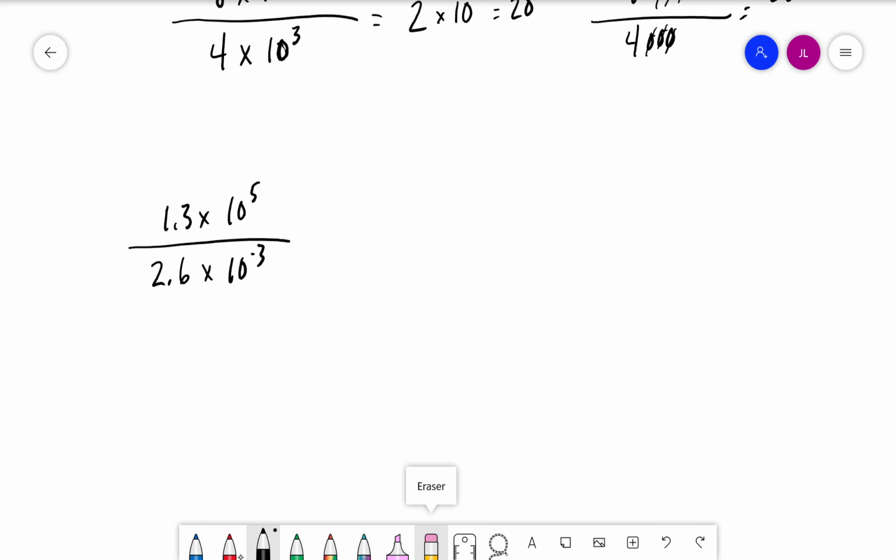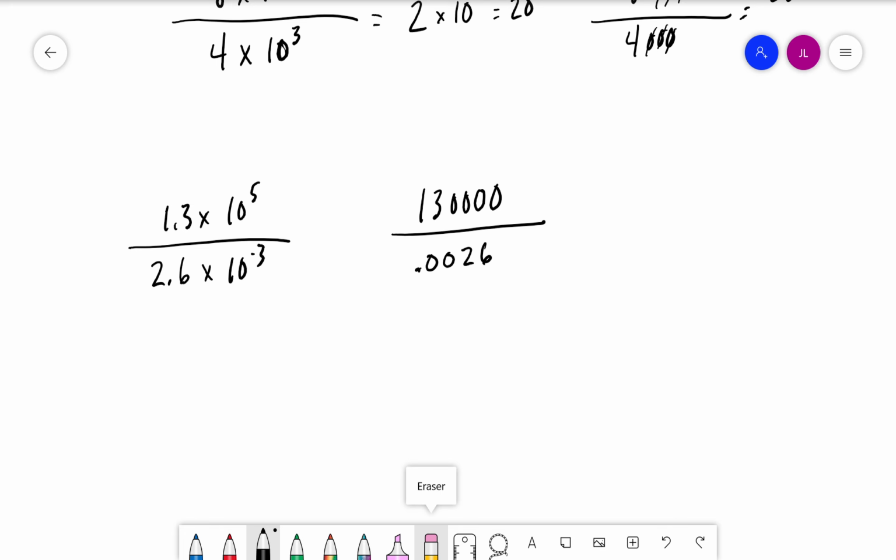We'd be moving the decimal point 1, 2, 3, 4, 5 places. And this would be over 2.6 times 10 to the negative third. We'd be moving the decimal point 3 places to the left, so 0.0026 is what we have here.